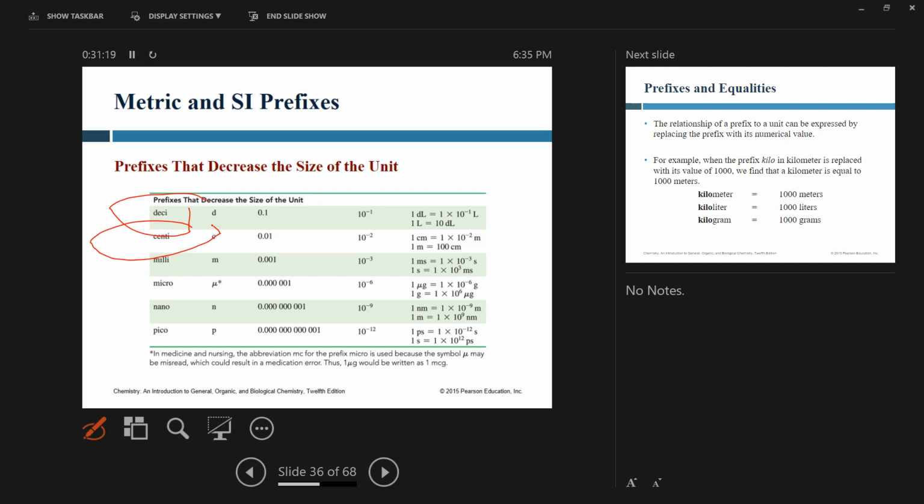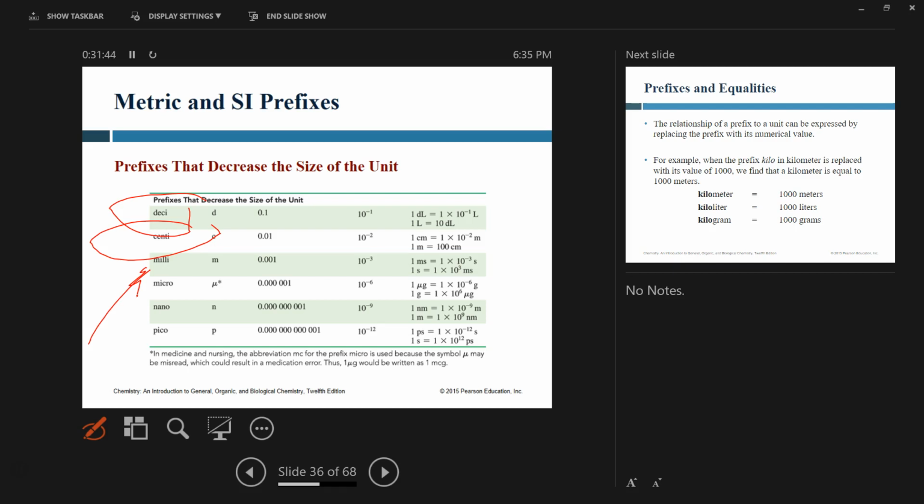Does that sound familiar? Or sounds the same as the word cent? The English word cent comes from the same root, they're cognates. Okay, 1/100th. Then you have milli, 1,000th. And then we start counting by thousands.